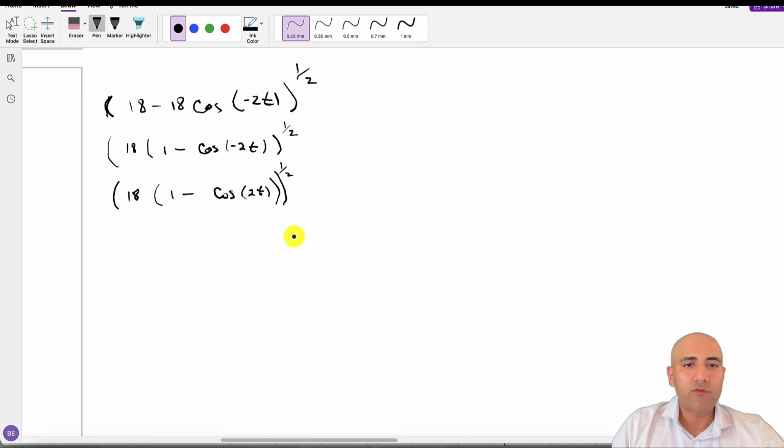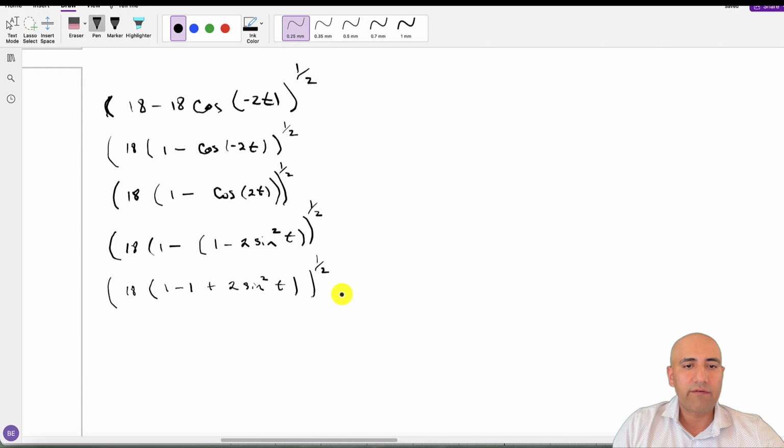And now cosine of 2t, again, we have another identity. We can rewrite that as 18 times 1 minus, and then cosine 2t can be written as 1 minus 2 sine squared t, the double angle formula for cosine. All of that is still inside the 1/2. And then when we distribute this minus, we end up with 18 times 1 minus 1 plus 2 sine squared t. Again, still inside that power of 1/2.